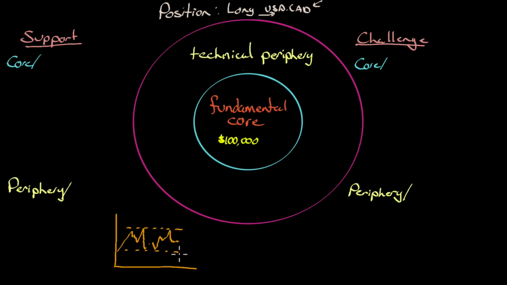The closer it gets to support, the more we'd be willing to take a position. The closer it gets to resistance, the less willing we would be to take a position. So here's how I would play this. The technical periphery is how I add and subtract from my position without touching my core. So as we drift closer to this line of support, I'm willing to add to my position with a stop, called a technical stop.